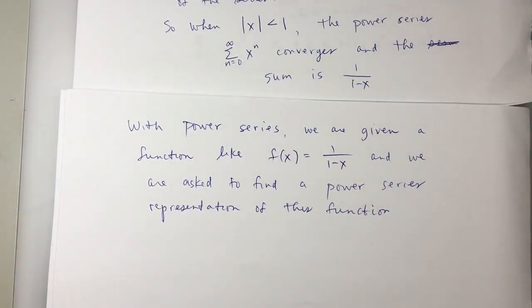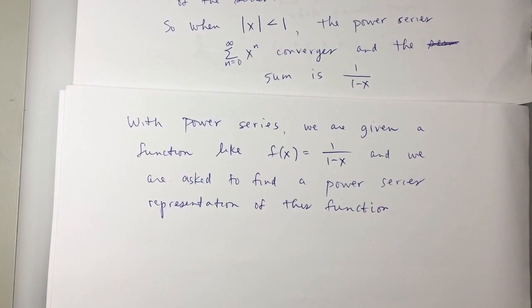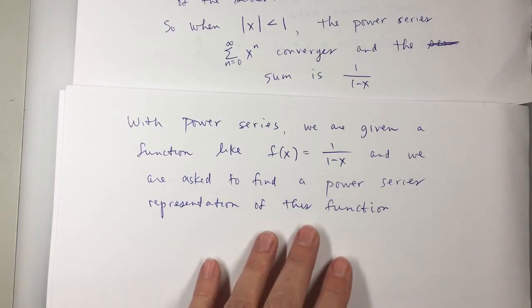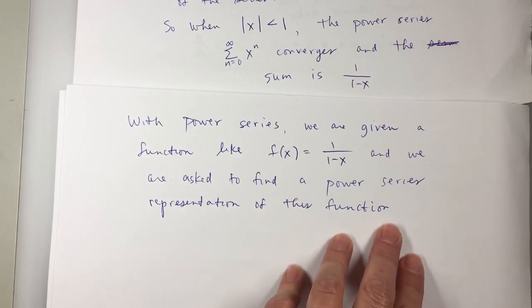Now, as far as 11.8 goes, they're not quite here yet. This is what we're going to work towards. And I should put in a little disclaimer here: if the power series representation exists.